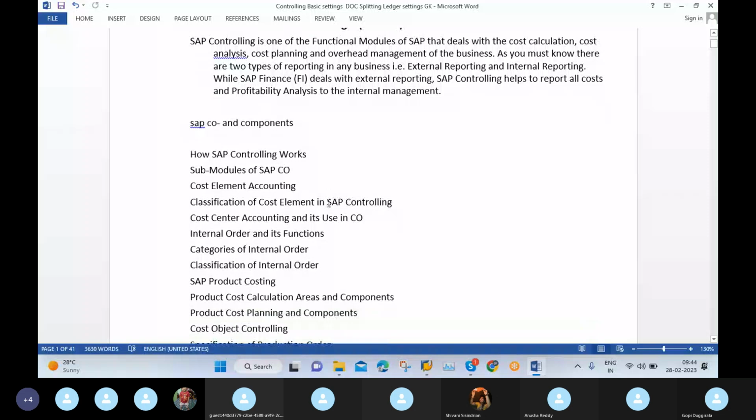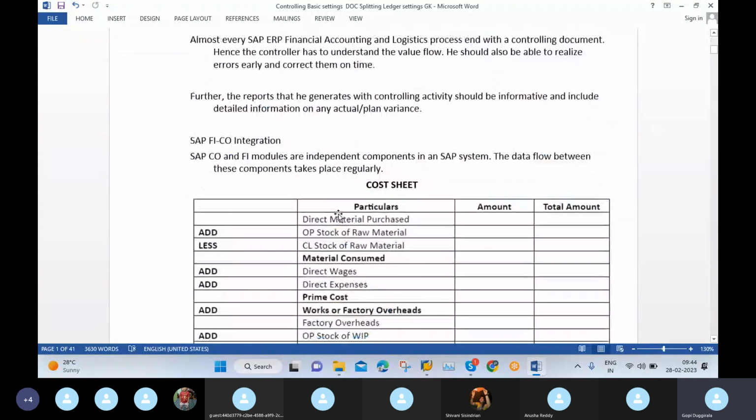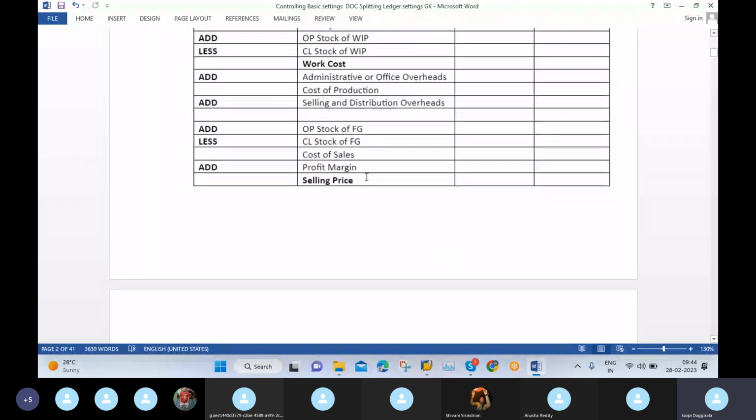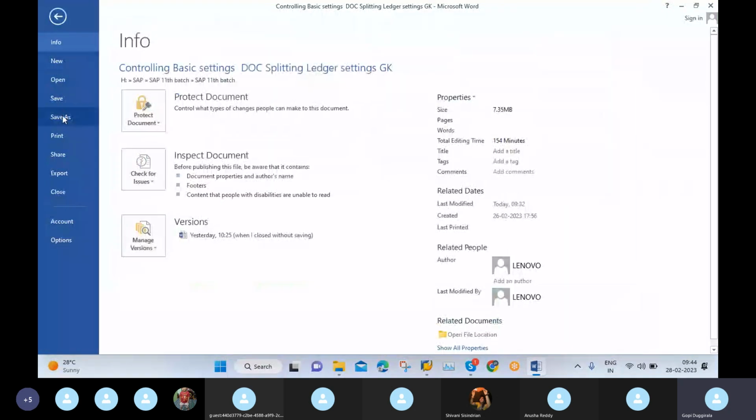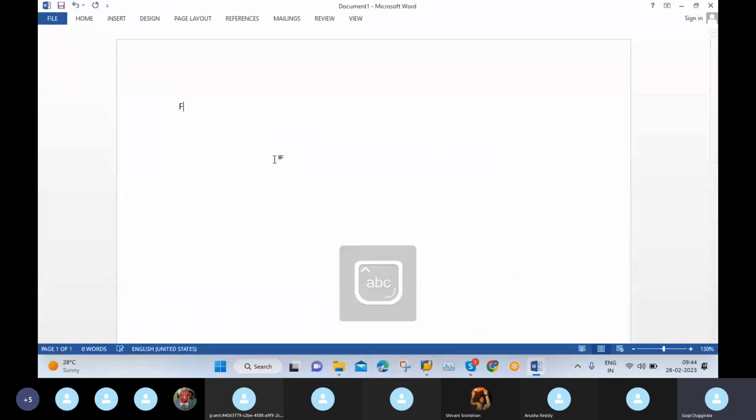Next thing, yesterday we discussed controlling very briefly, and today I will try to explain one more example regarding why cost controlling is needed. For example, in our finance module, I pay salaries to my employees of 8 lakhs a month.